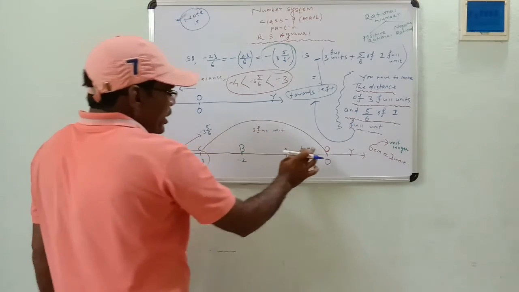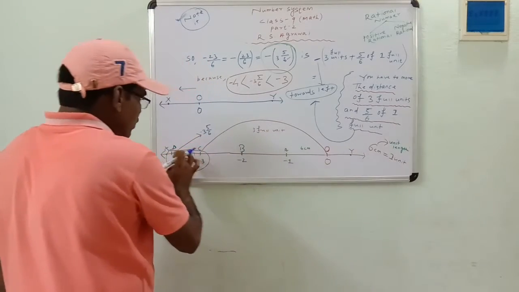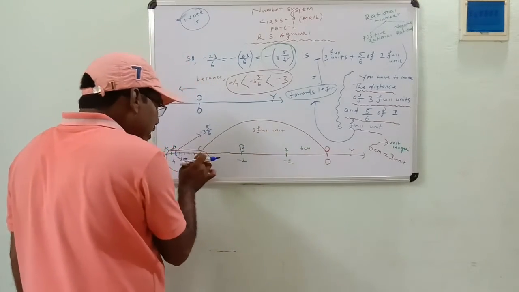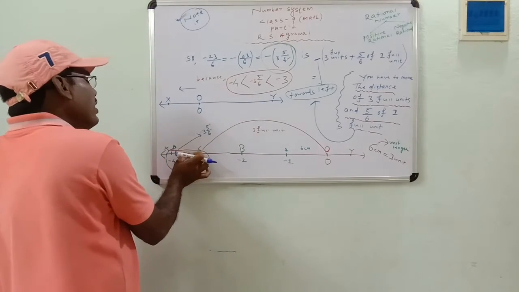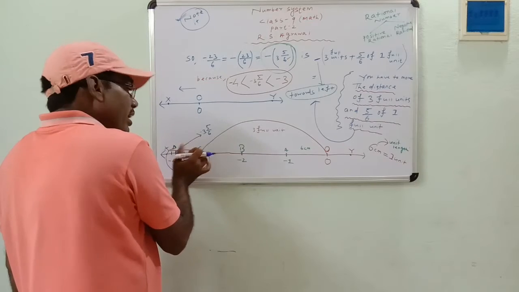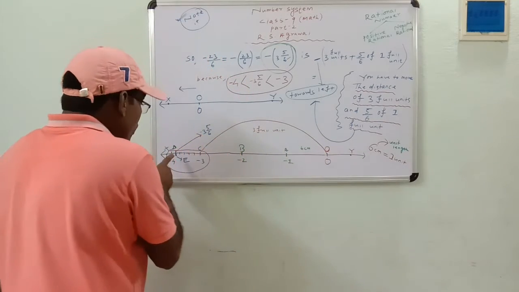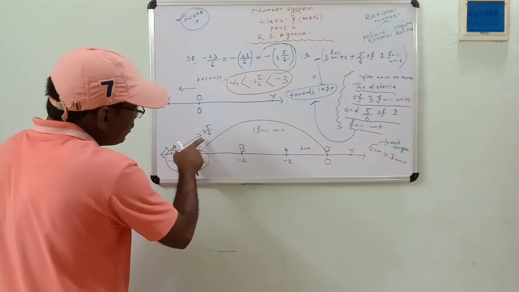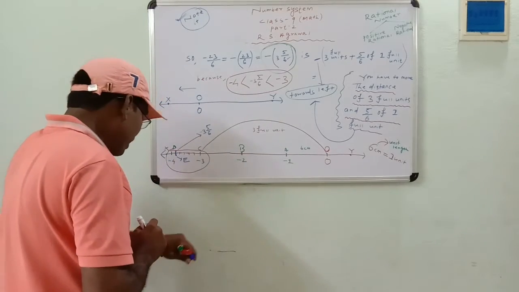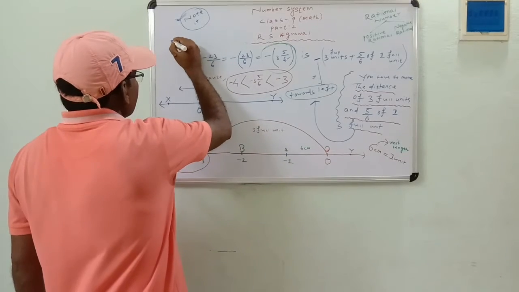So from point O to point E, the total length is 3 full units and 5 by 6 part of 1 full unit, and also towards the left of 0. Therefore, point E will represent the rational number minus 3 full 5 by 6. So note it.